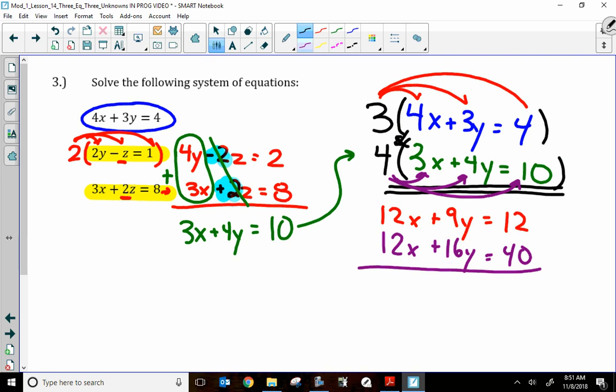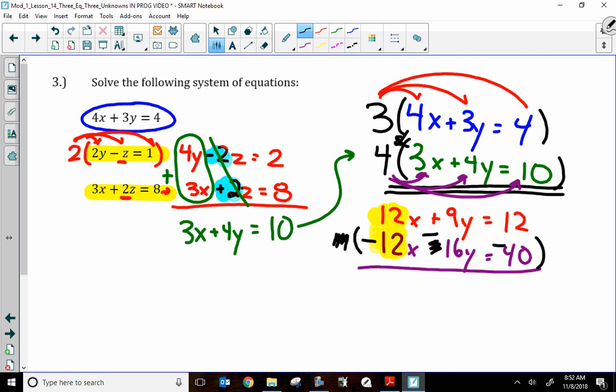Now, I look and I see I have my 12 here. I have my 12 here. The signs are the same. They're both positive. If the signs are the same, I subtract, which means I need to distribute that negative sign into these parentheses. I'm going to flip all of the signs in the parentheses I just drew. So this goes bye-bye. This becomes negative. This becomes negative.